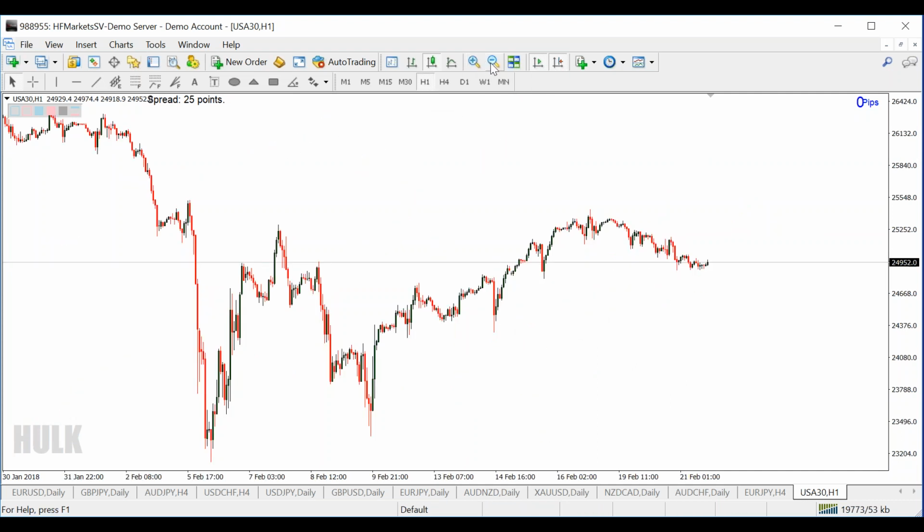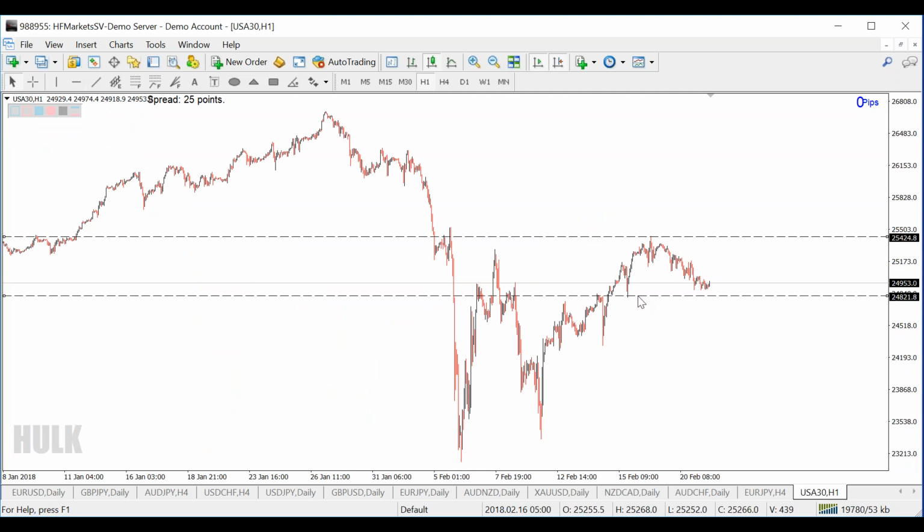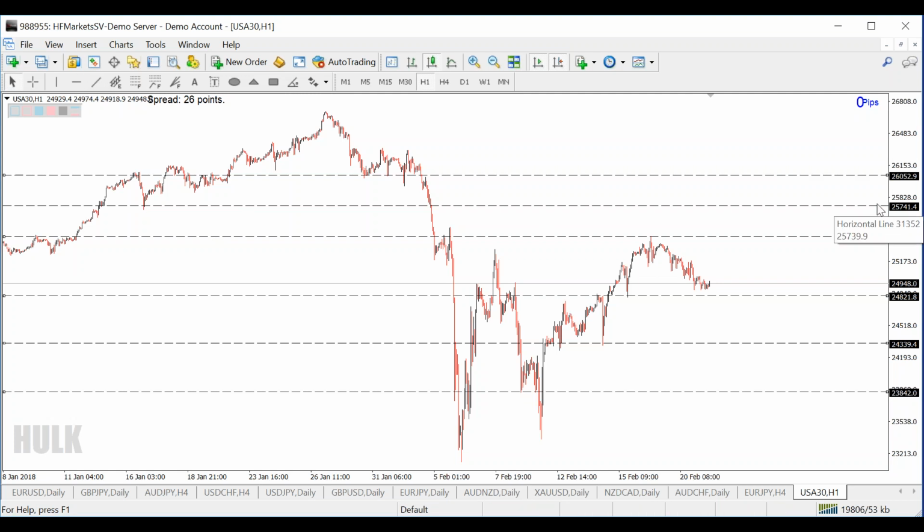So what we see here, the retracement going up, retracement going up. Try to get the support and resistance area. This is resistance, this we know is support. Here is support, this is where the market crashed last week. Okay.